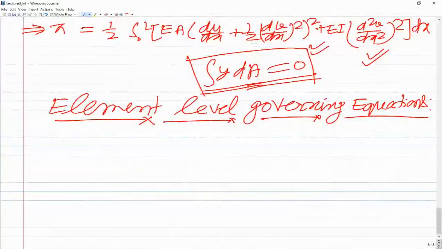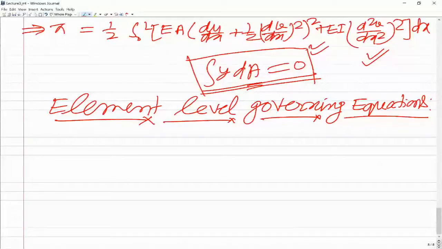Since we are writing the strain energy, see, for a linear elastic body the strain energy is half of sigma xx epsilon xx plus sigma yy into epsilon yy plus sigma zz into epsilon zz and so on.